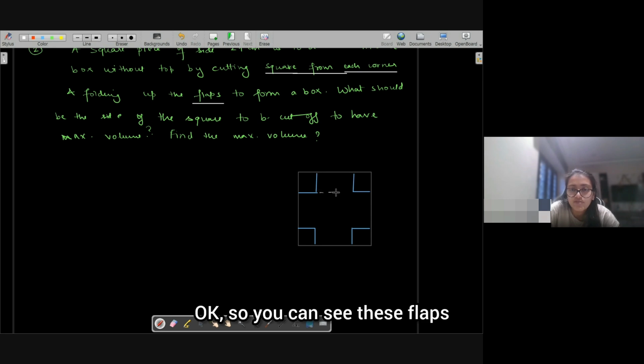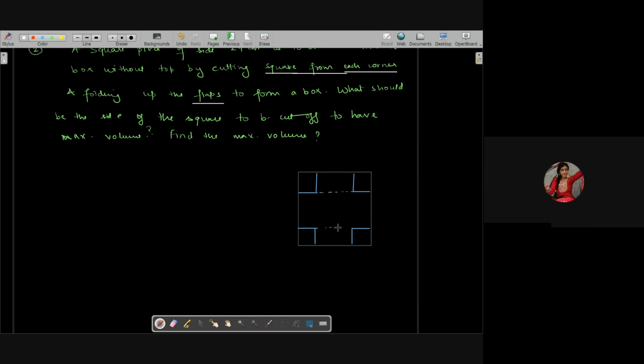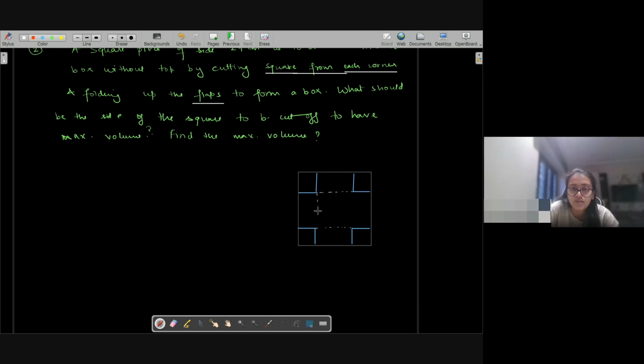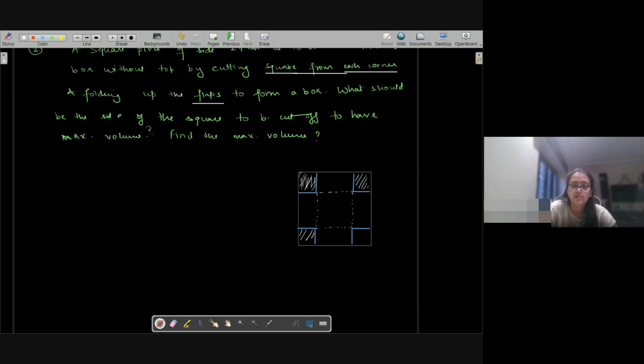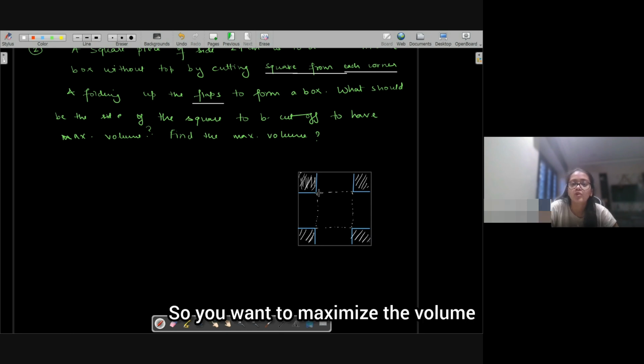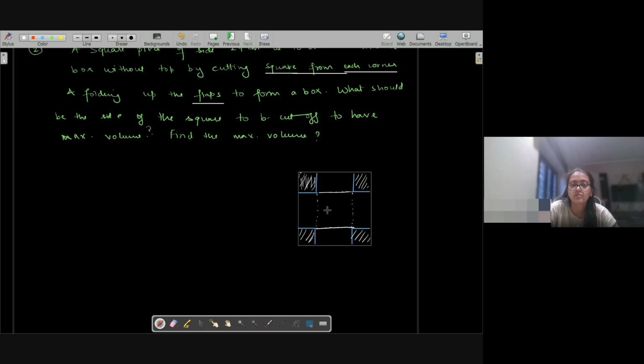You can see these rectangular flaps, and these square pieces will be gone. So you want to maximize the volume.